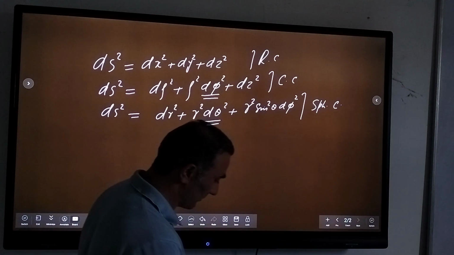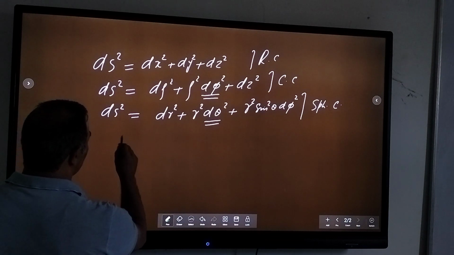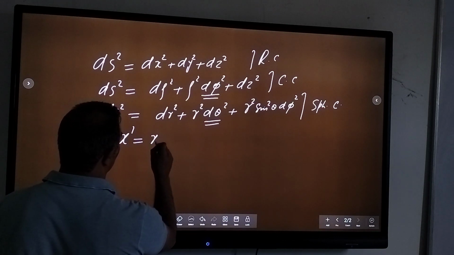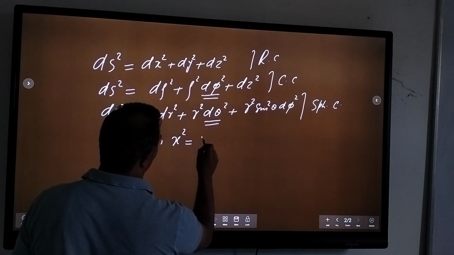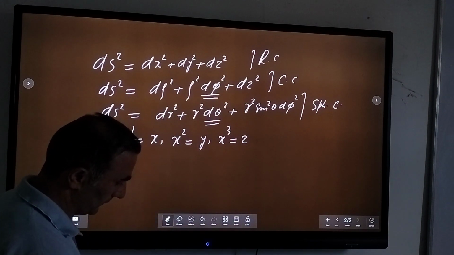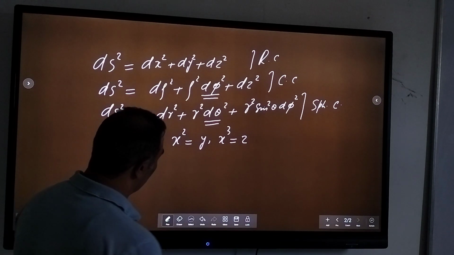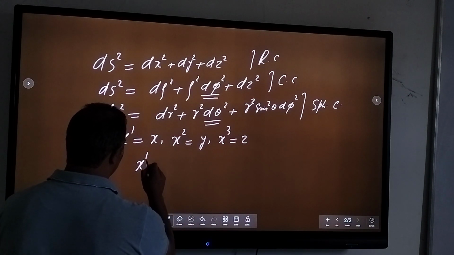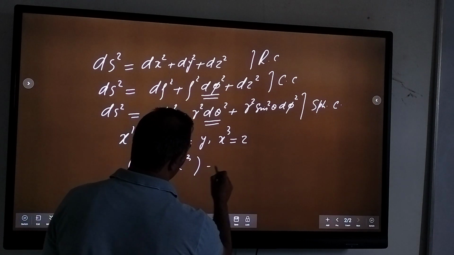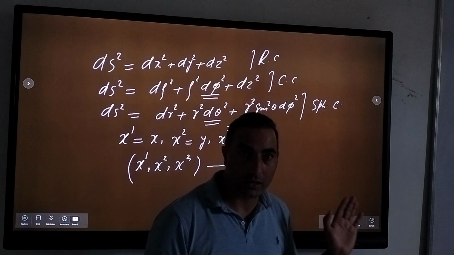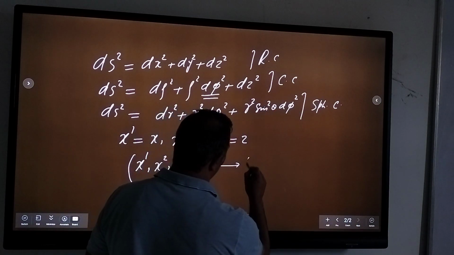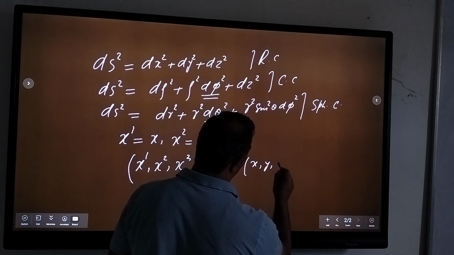So let us first rewrite this term. Suppose our x1 equal to x, okay? So if I write these coordinates x1, x2, x3 for this rectangular coordinate system, it will be simply x, y, and z.